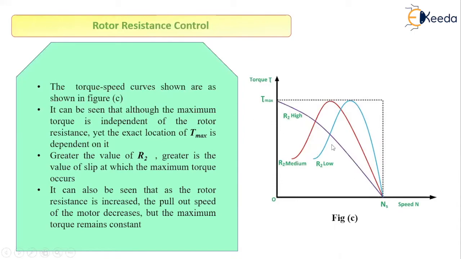So depending upon the rotor resistance, the position of the maximum torque changes. Similarly, the speed also changes. The pull-out torque of the motor decreases, but the maximum torque remains constant. See, the value of torque is constant. Only the position at which the maximum torque will occur will change.